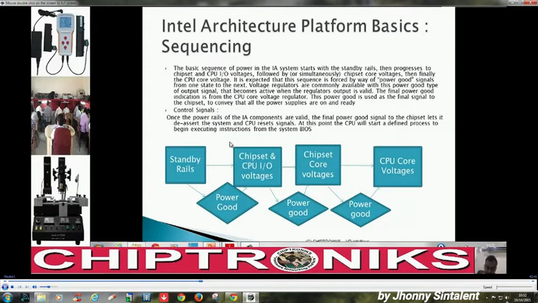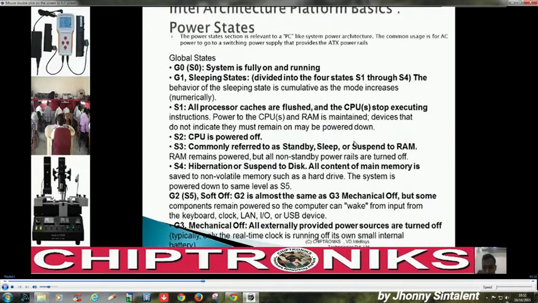I have studied almost all types of Intel architecture, and after studying them, I have developed a very basic concept of power sequence. And if you're trying to repair any kind of devices other than notebook, then you will find this diagram to be very useful, right? So we'll go ahead to the next slide.